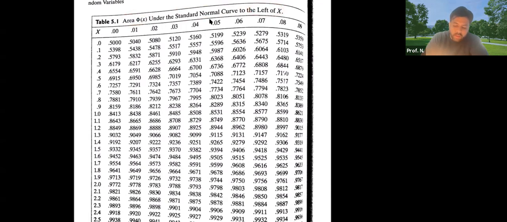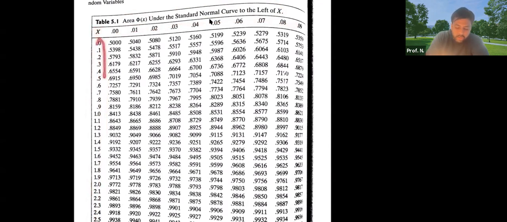So when we use this table, we have these numbers on this column and in this first row. These numbers here are the numbers for the x value, or in this case, they should have used z, but it's okay. The z normal random variable, the standard normal random variable.